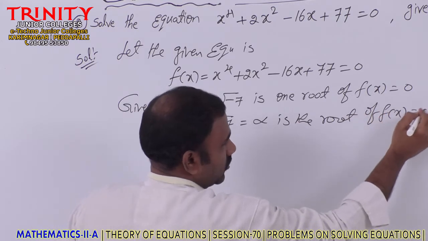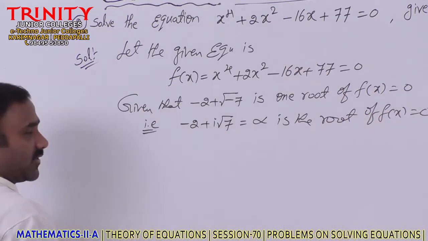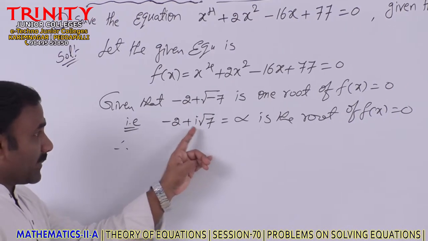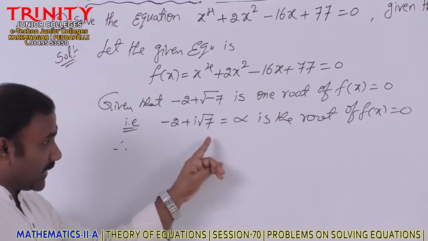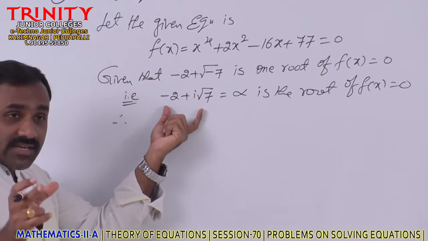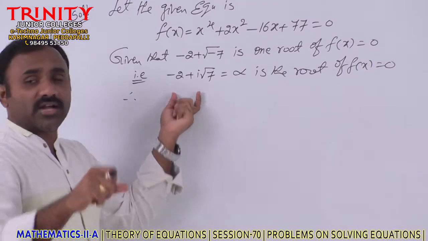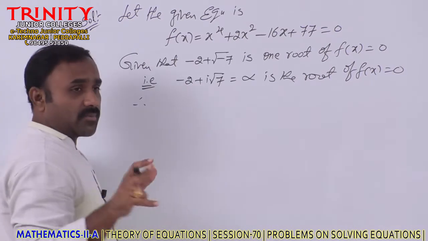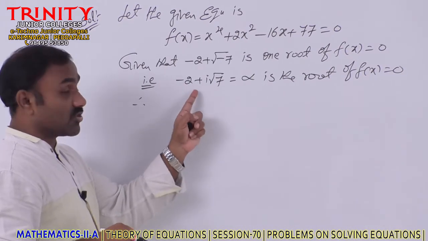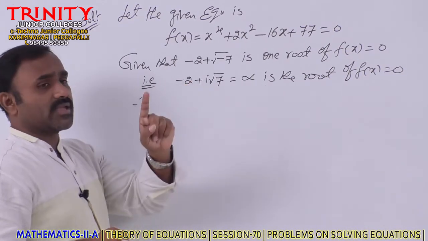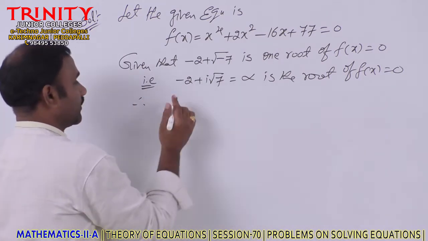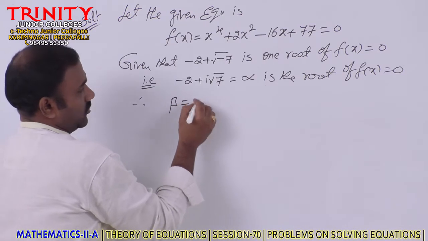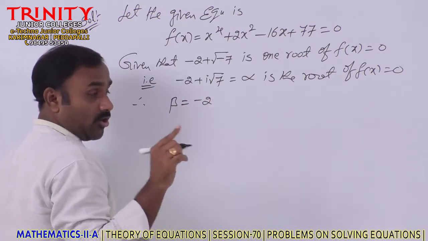I am taking this one as alpha. Therefore, it is in the form of a plus ib, no? If a plus ib, which is an imaginary root, then imaginary roots occur as conjugate pairs. Therefore, if a plus ib is one root, then automatically its conjugate a minus ib is the other root. Let that be beta.